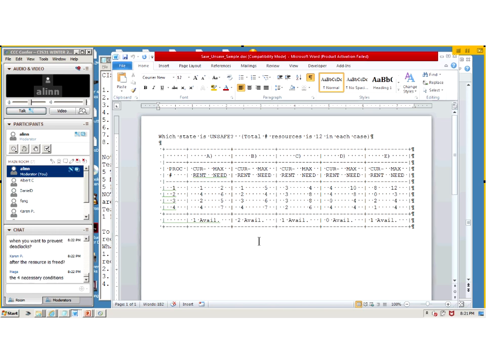Good guesses. Karen and Mega, those are great guesses. What would trigger me to run the algorithm to see if I'm going to move from a safe to an unsafe state? What would be the event that would cause me to go from a safe to an unsafe state?